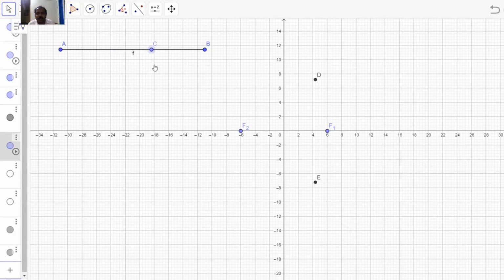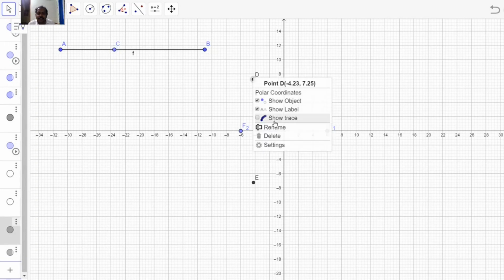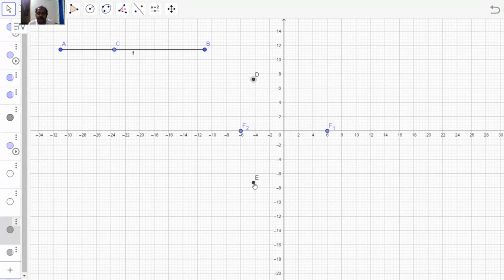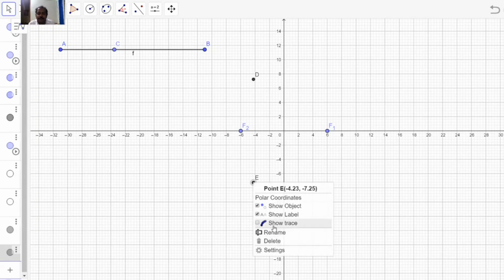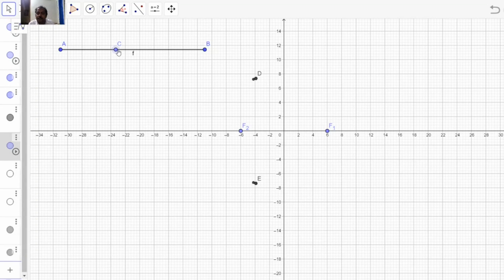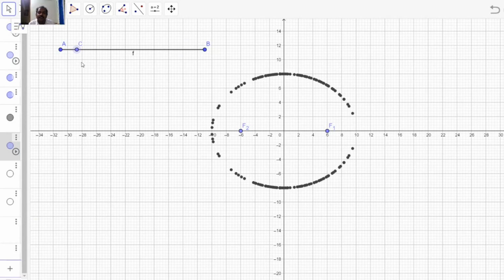We can see that the point moves along an ellipse. Consider the trace of the points. So you can see that the point moves along an ellipse.